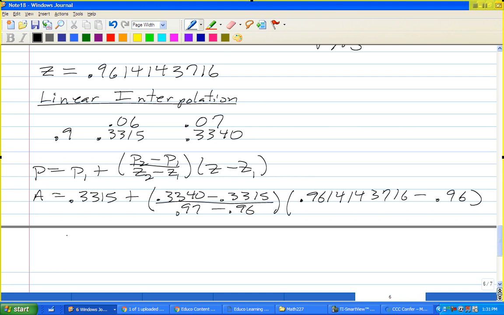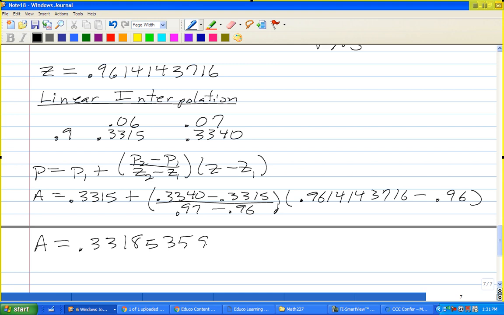Plug that into your calculator, and you get 0.3318535929. Okay.